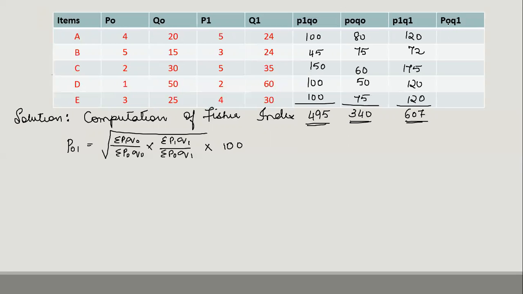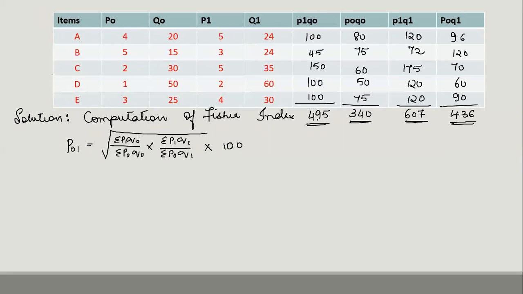The last column, P0 Q1, is 96, 120, 70, 60 and 90, and the final total, summation P0 Q1, will be 436.